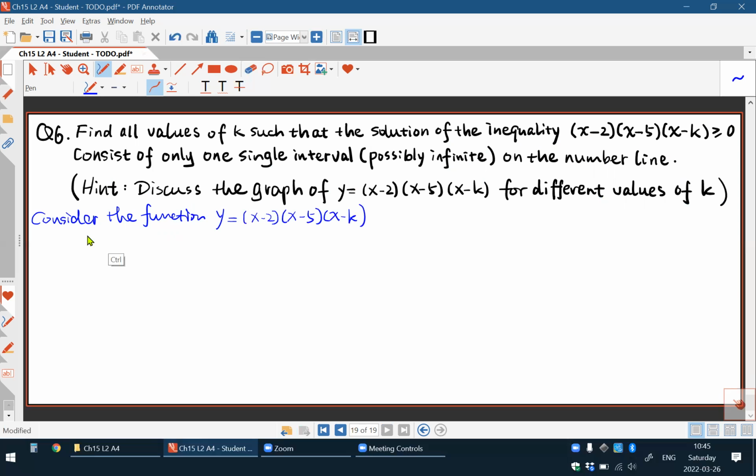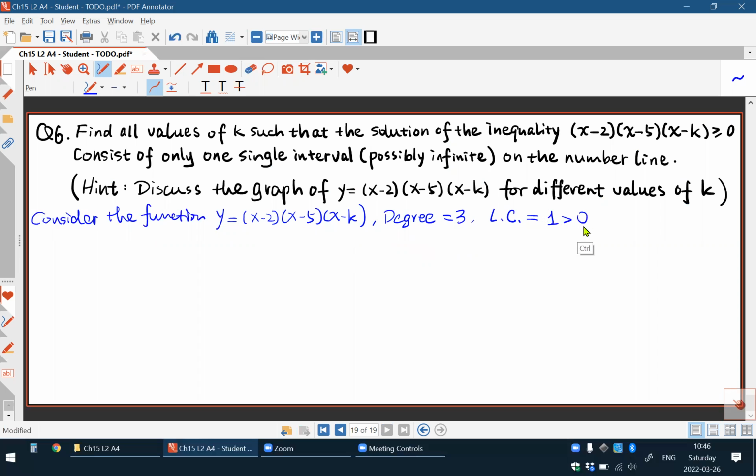Then, what's the degree here? Because in order to solve the inequality, usually we first discuss the corresponding function and find its degree and leading coefficient, because this is a polynomial function. So what's the degree here? 3. And what is the leading coefficient? 1. It's 1, right?